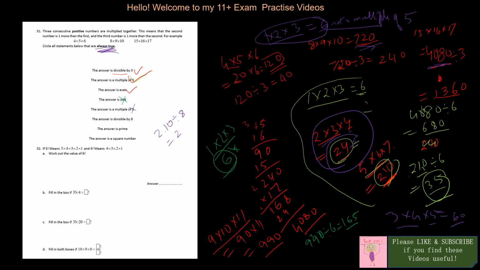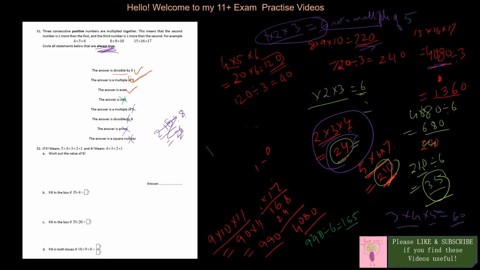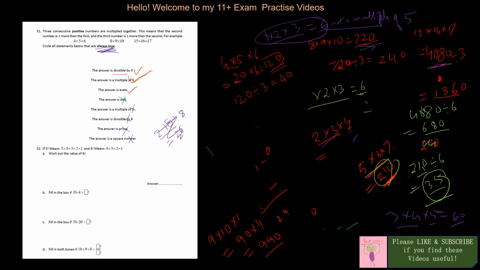It is not divisible by 8, no. Because 2 times 8 is 16, 16 and 5 is 21, and 50, no. This is not, the answer is prime, no. The square number, no. Okay, so that is how we work this out. Made it a bit messy, but I think you've got what I wanted to do.